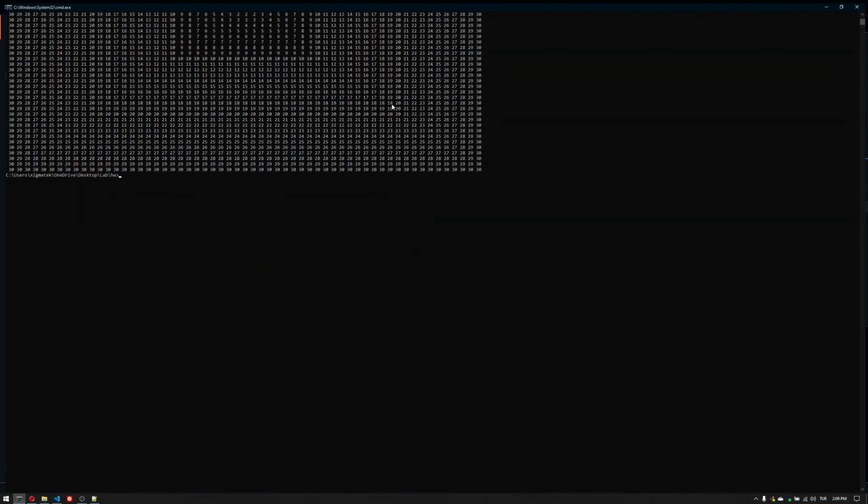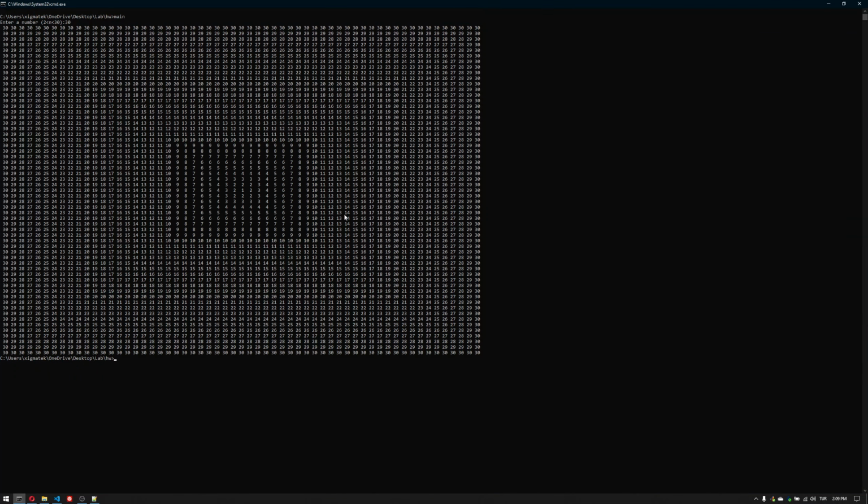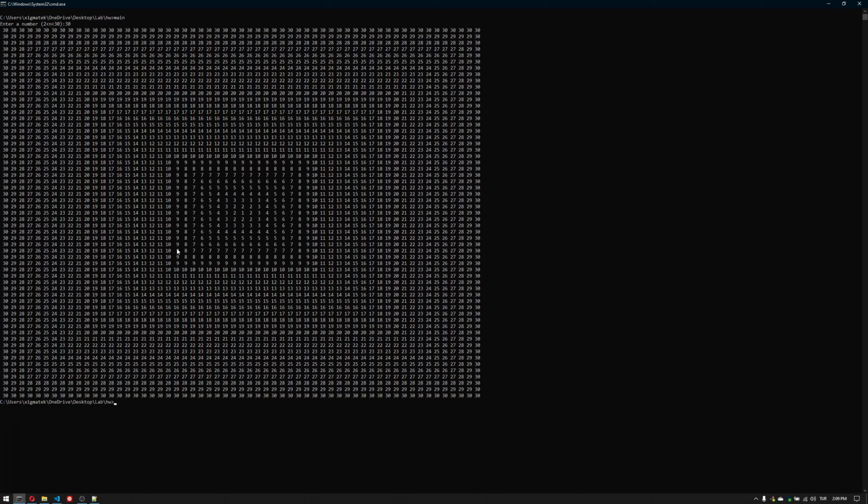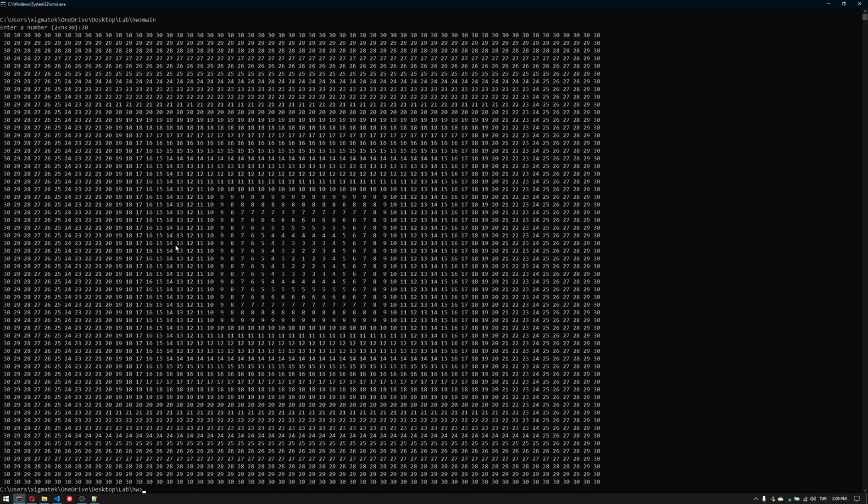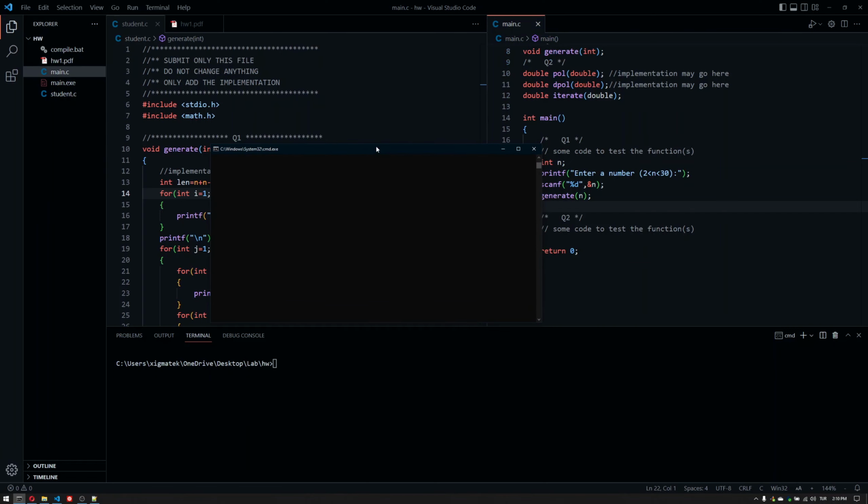Now of course we have this scaling issue here, but you can see we generate the same thing. If I zoom in a little bit, we generate this nice structure where we have 30s and then boxes inside boxes inside of boxes until we reach the middle, where we have just the number 1. So this was basically the first part of your homework.